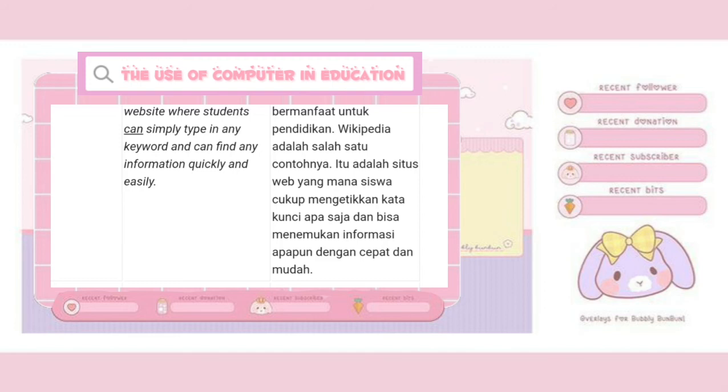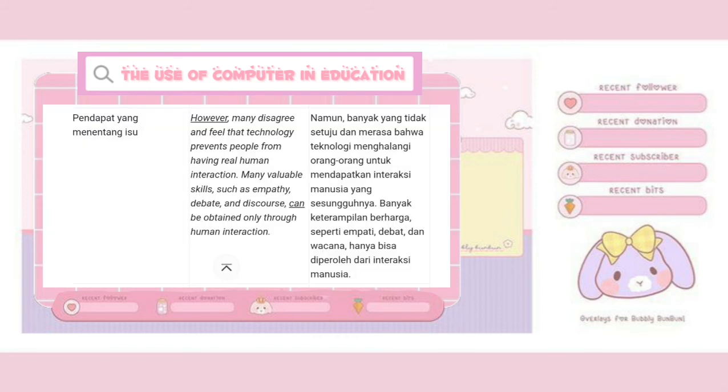We can see here that the writer gives some opinion and fact about the pro of the topic that he is talking about. In the third paragraph, we can see the contrasting point. However, many disagree and feel that technology prevents people from having real human interaction.